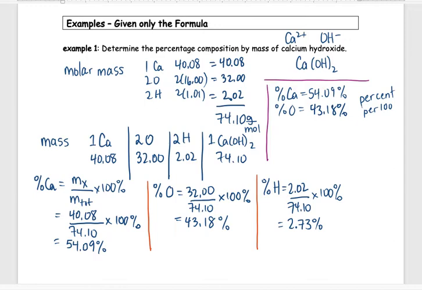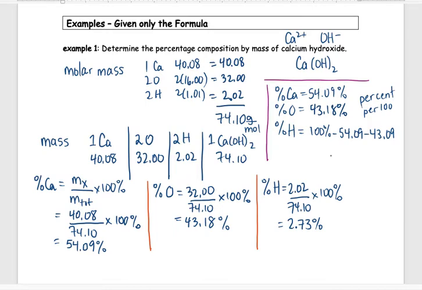So if you wanted to not show all of this work or calculate it the way we did for hydrogen, this is what you could do for the last one that's remaining. You could just say, I know it adds up to 100, the total. So if I just subtract the two that I just found, the calcium and the oxygen, from 100, I will get... Oh no, I'm totally writing this wrong.